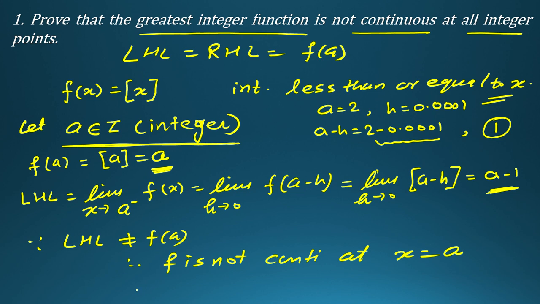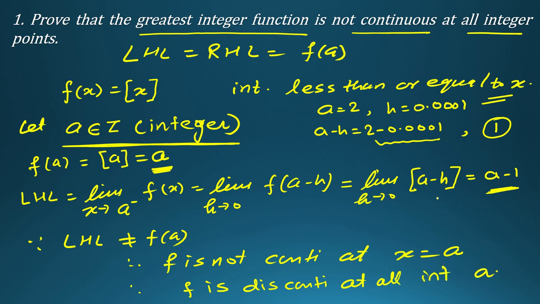So you can write at last, therefore f is discontinuous at all the integer points. Definitely you will write this line at the last, that is, f is discontinuous at all integers a. Like this you will finish the question.